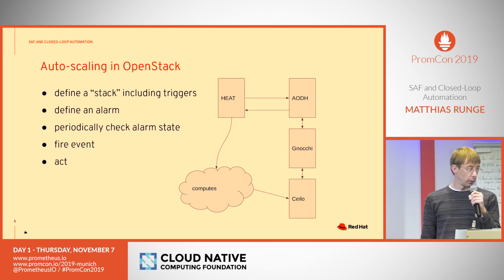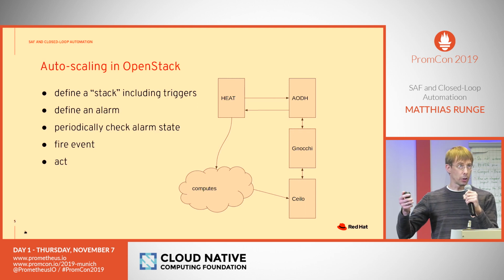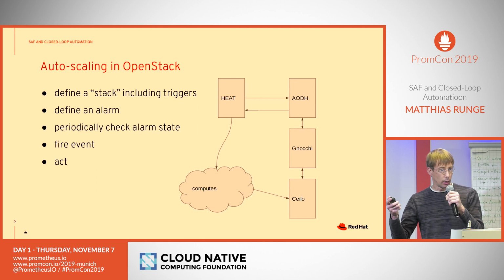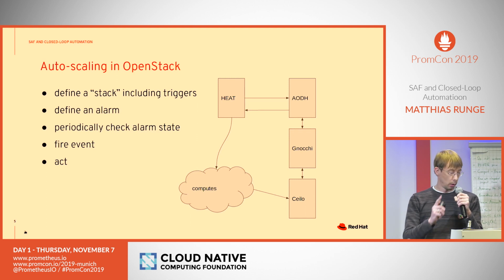The way this works is you define a software stack, like a stack of VMs or whatever, in a template language named Heat or Heat autoscaling templates. You define an alarm for when some more servers need to be scaled up or scaled down.